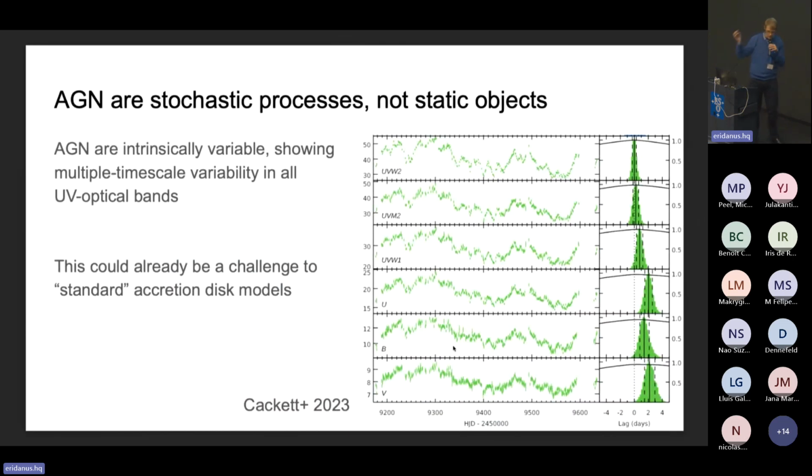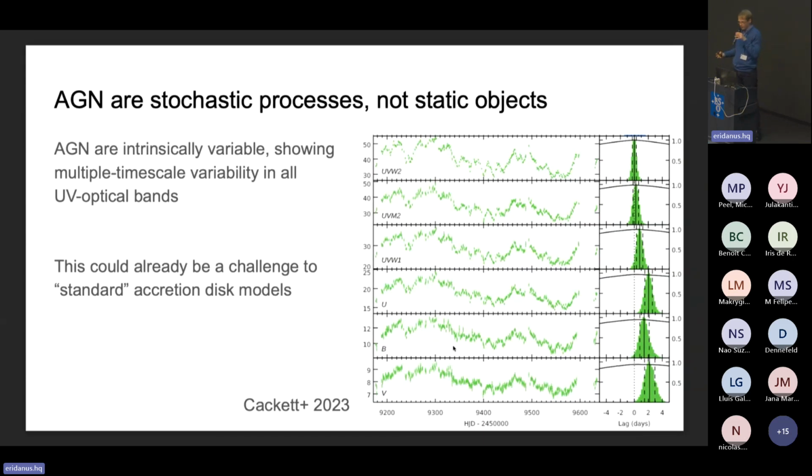Okay, and the other thing you need to know about AGN is that they're processes. They're not static objects, they are stochastic processes, and that means that they vary all the time. And so this is just an example on the right-hand side. This is a particularly well-studied AGN from the STORM campaign. The x-axis here is days, effectively. This is sort of 200 to 600, so 400 days across the bottom here. And these are different sort of UV, optical, infrared bands. And you can see that all of these light curves are flickering.